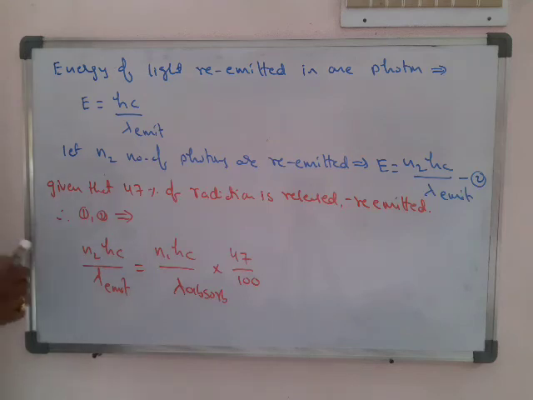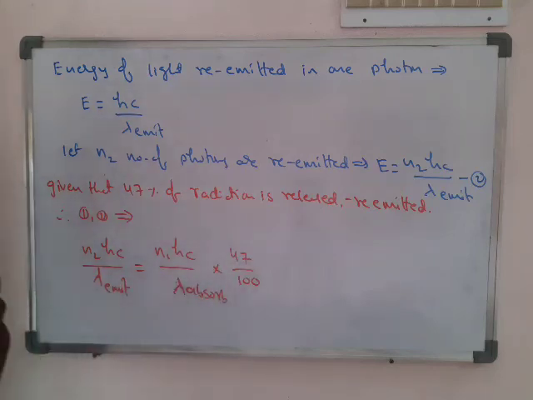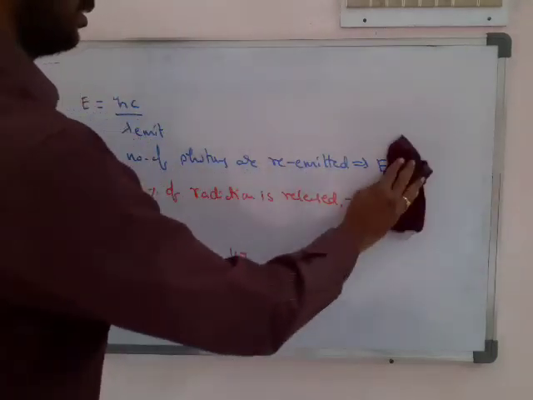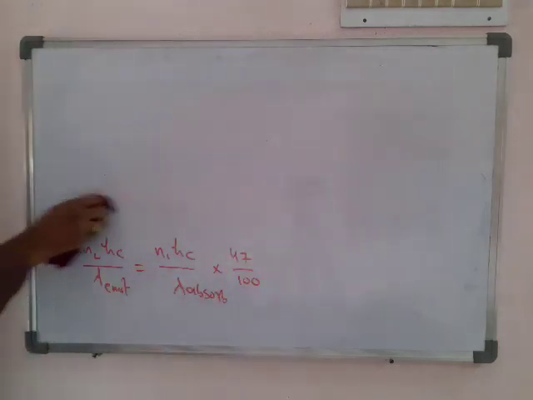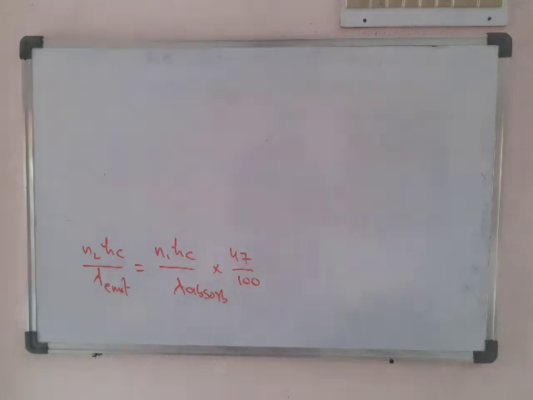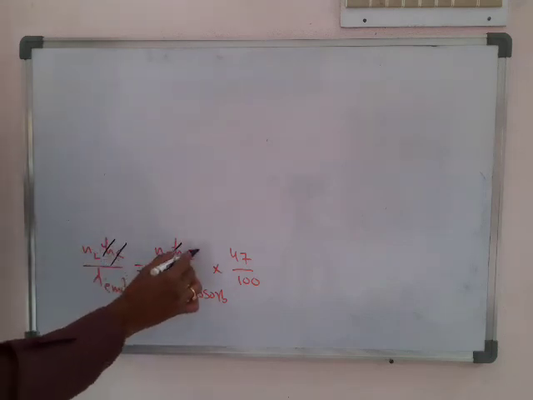It is given that 47% of the radiation is re-emitted, so the re-emitted energy is 47% of the absorbed energy. On simplification, we know that h, the Planck constant, is the same for both, and c is also the same for both.